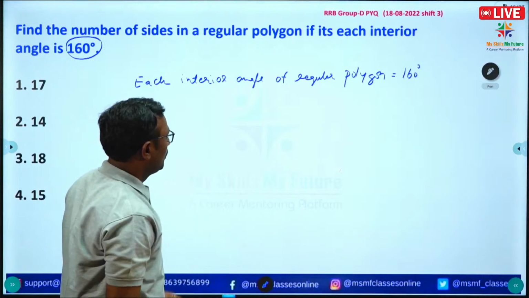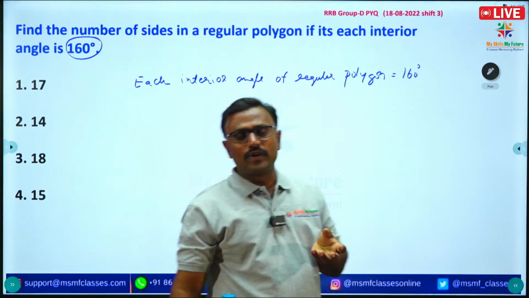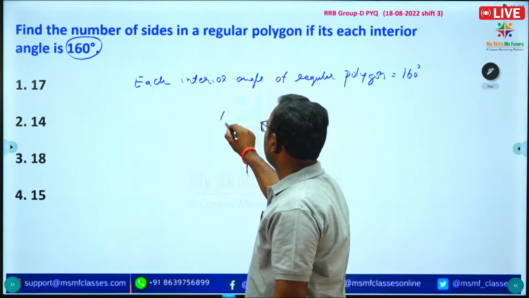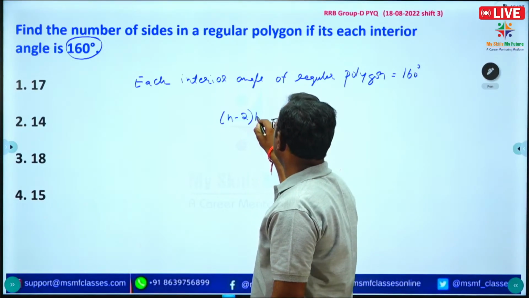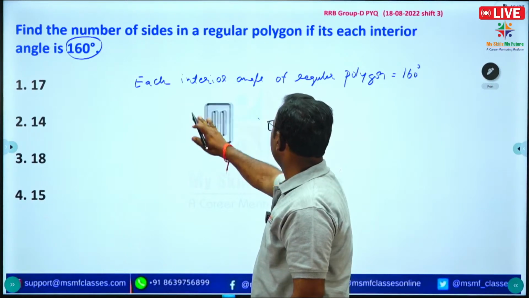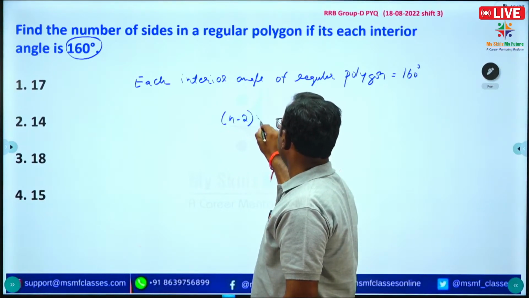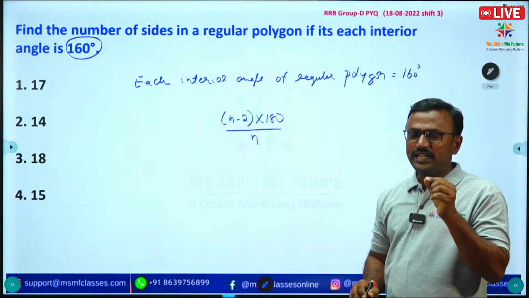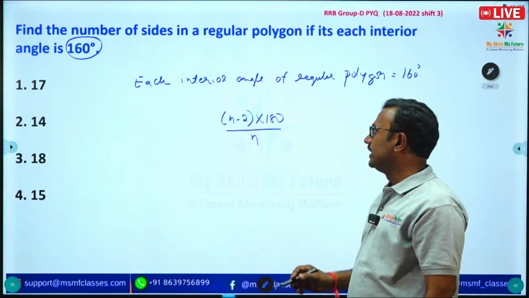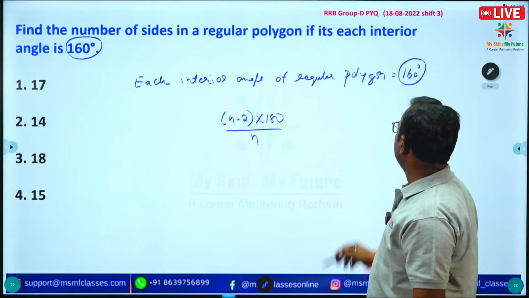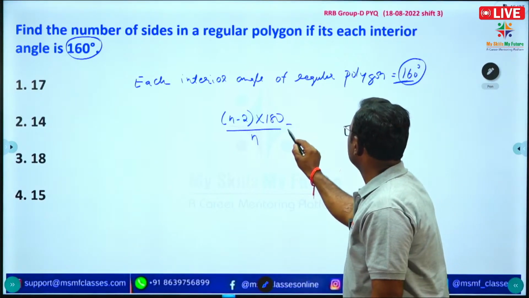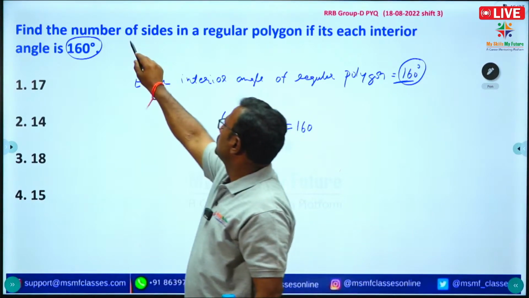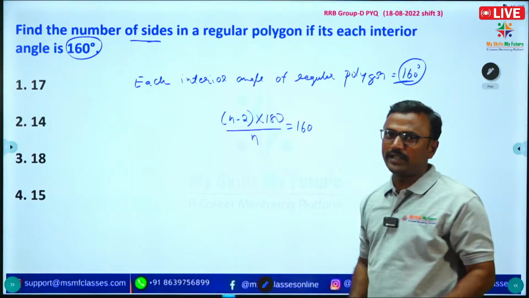So we have the formula to find each interior angle of the regular polygon, that is (n minus 2) into 180 by n. Here they gave the interior angle, that is 160 degrees. So we need to find the number of sides, and the number of sides is nothing but the n value.